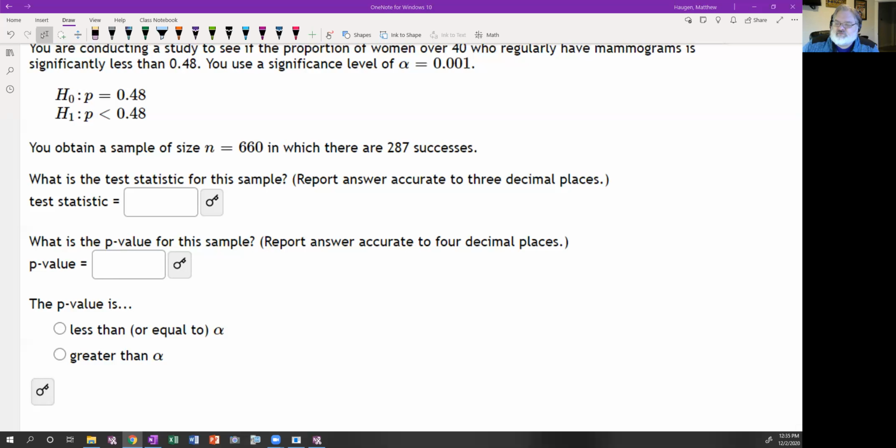Oh yeah, it is means in 10.3. So yeah, it's the same. It's just means instead of proportions.